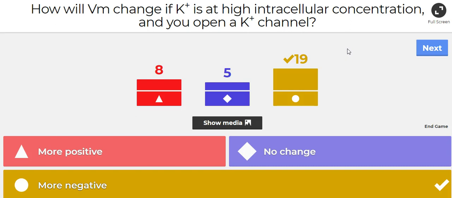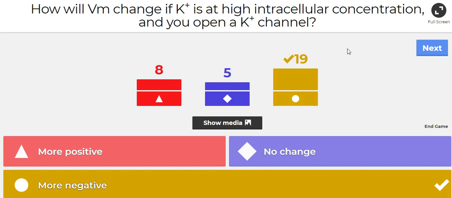So here's the deal on this one. Here's the cell. You've got positively charged potassium ions, but they're at high intracellular concentration versus outside. So we open channels. Potassium's going to move down its concentration gradient, which means it's going to leave. And if it's leaving, the outside of the membrane is going to get more positive.